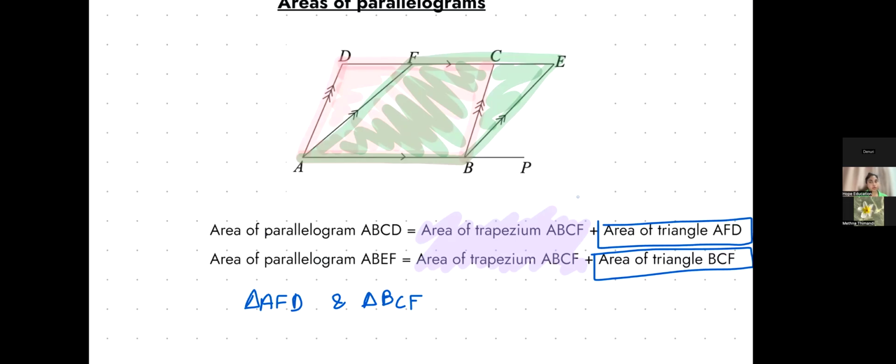Do you think they're congruent? What do you think? Metna says yes. Denuri, what do you think? Okay. Under what case can you make them congruent?